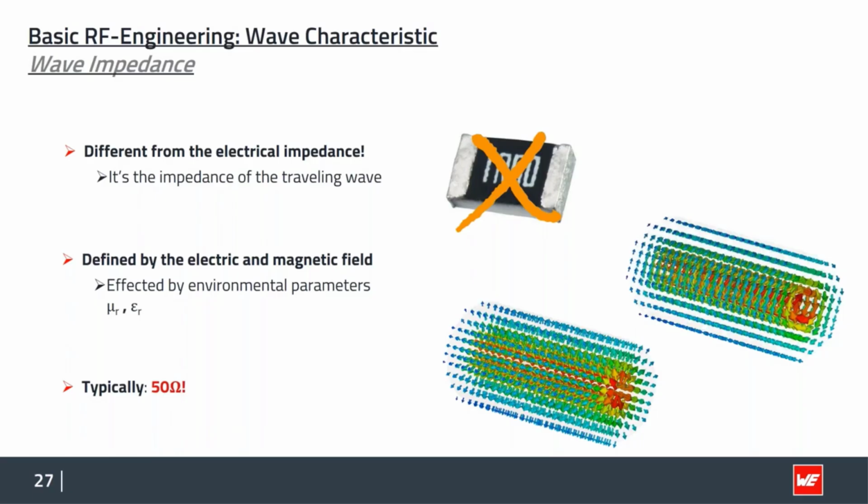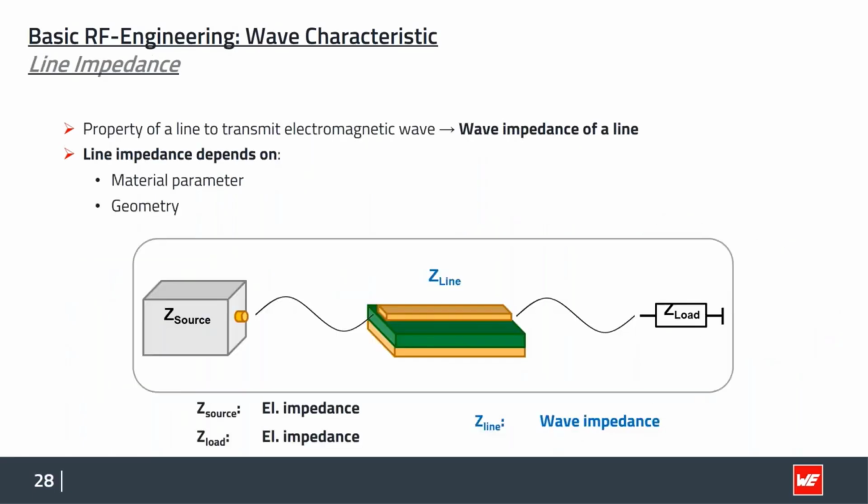What we now need to do when we want to transmit this wave, we have to match our line impedance to the impedance of the traveling wave. So we have this 50 ohm wave from the source going to the 50 ohm load, and we have to take care to create our transmission line in a way that we perfectly, or as perfect as possible, match to our wave impedance by choosing the right material and choosing the right geometry.